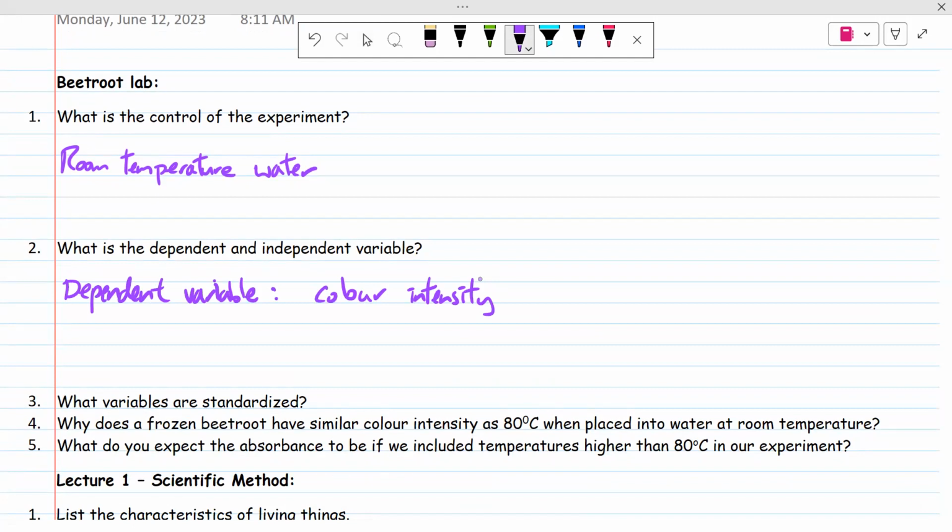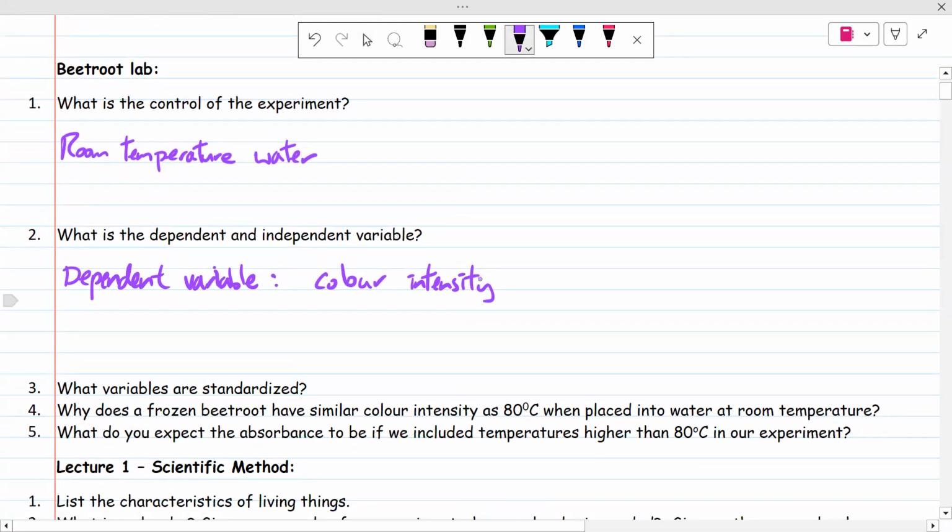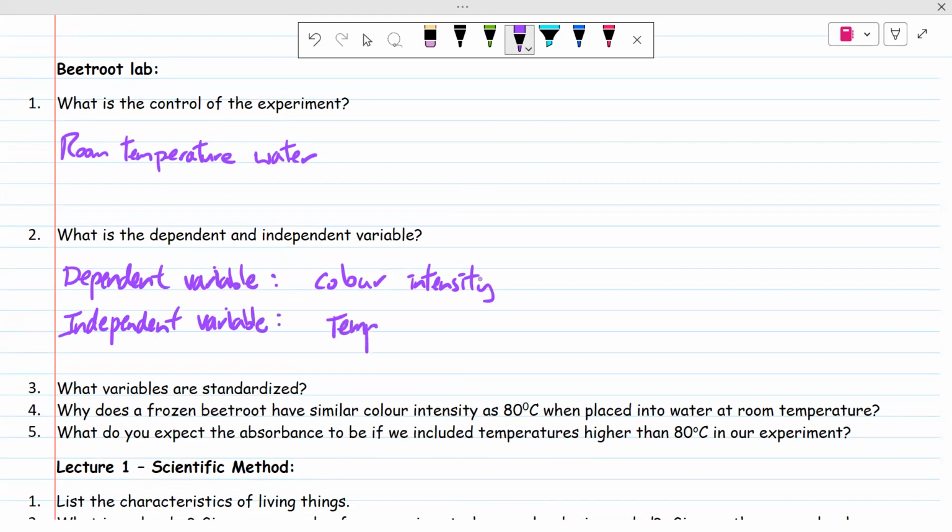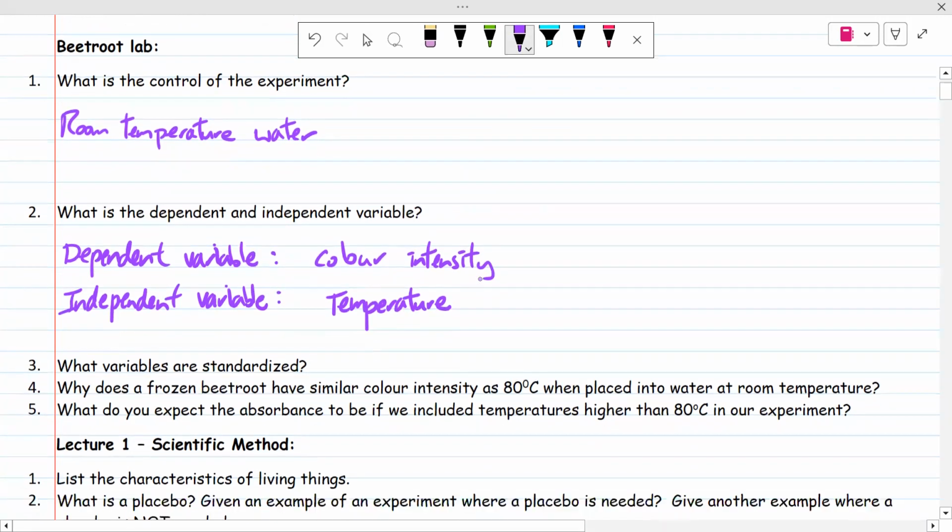In the actual experiment, we look at the color and compare it visually. That is an example of qualitative analysis, right? Whereas the independent variable, that's going to be temperature.